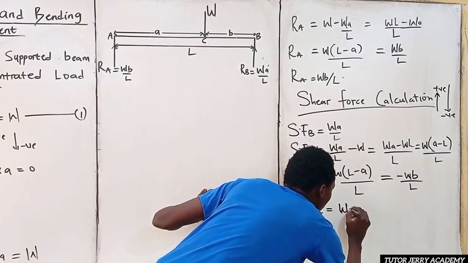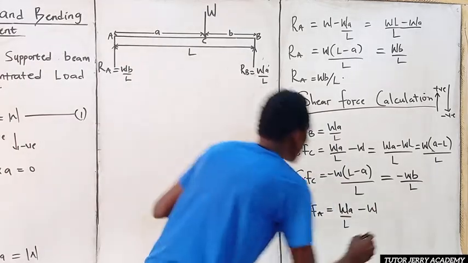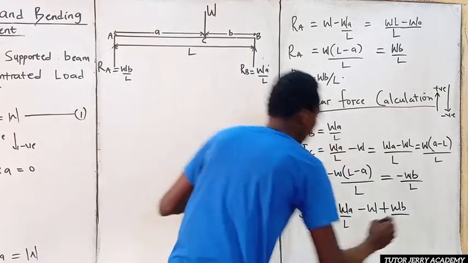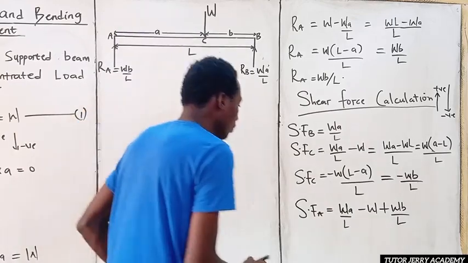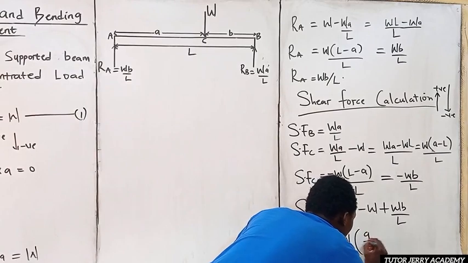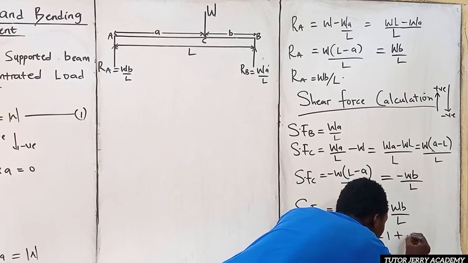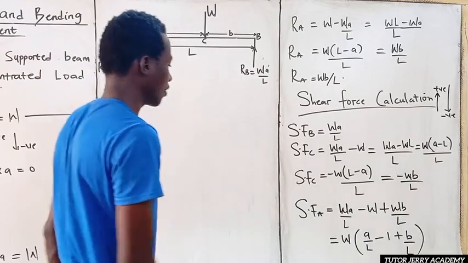So from here we can factor out W. If we factor out W, we have W into A over L minus 1 plus B all over L. So this is what we have.